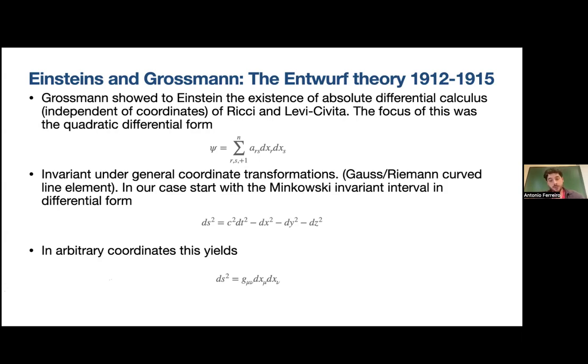So Einstein, of course, wanted to work with special relativity. He started with the line element of special relativity that Minkowski proposed, and wrote this in arbitrary coordinates using this framework of Ricci and Levi-Civita, in this formulation in terms of the metric.